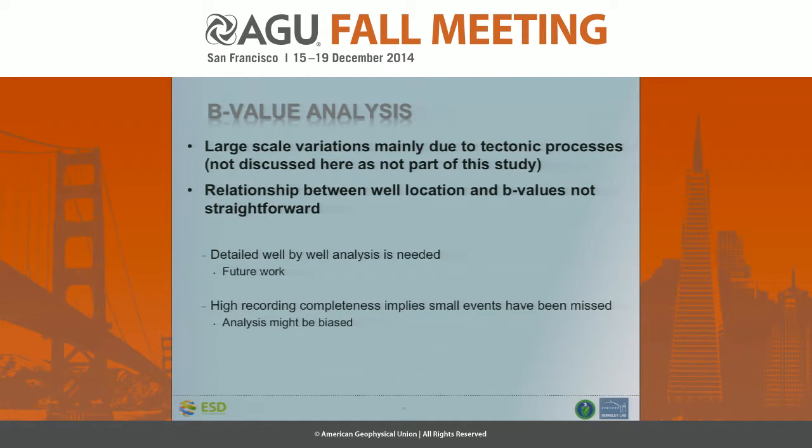So yeah, the large-scale variations are mainly due to tectonic processes, which we didn't go into detail here. And the relationship between the well locations and b-values is less straightforward.